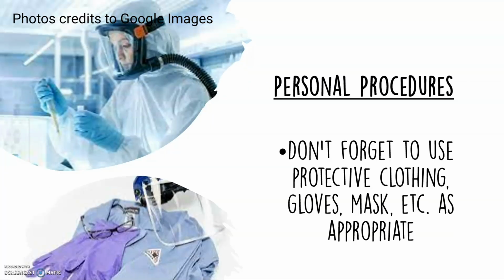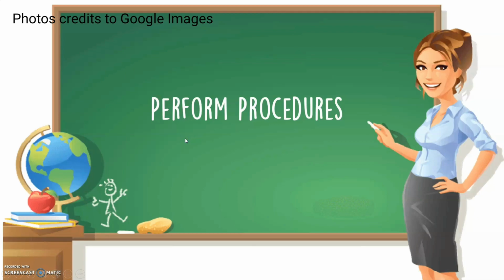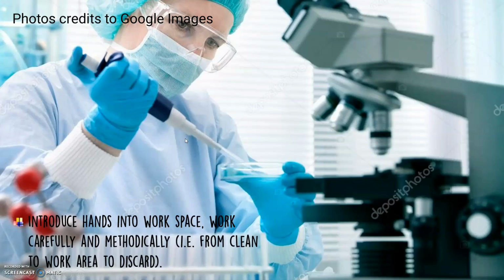For the personal procedures, do not forget to use protective clothing such as gloves, the mask, etc., as appropriate. You also have the face shield and the PPE. In performing the procedures, introduce hands into the workspace. Work carefully and methodically, for example, from clean area to work area to discard.